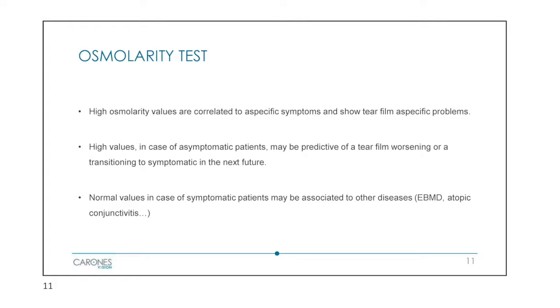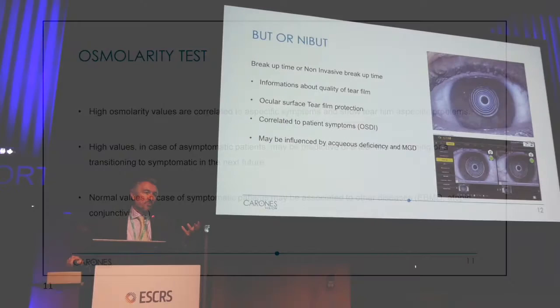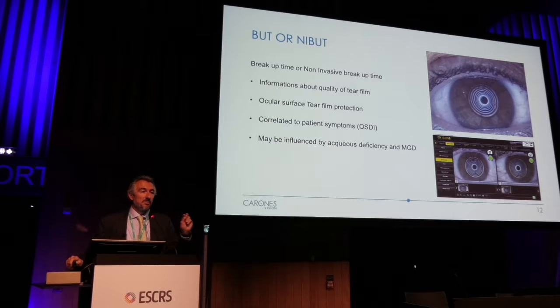In this case, I think that it's better to check also for other causes of your patient's symptoms. So this is the reason why the osmolarity test is important, but it is not enough to classify your dry eye patient. So you have to move forward.